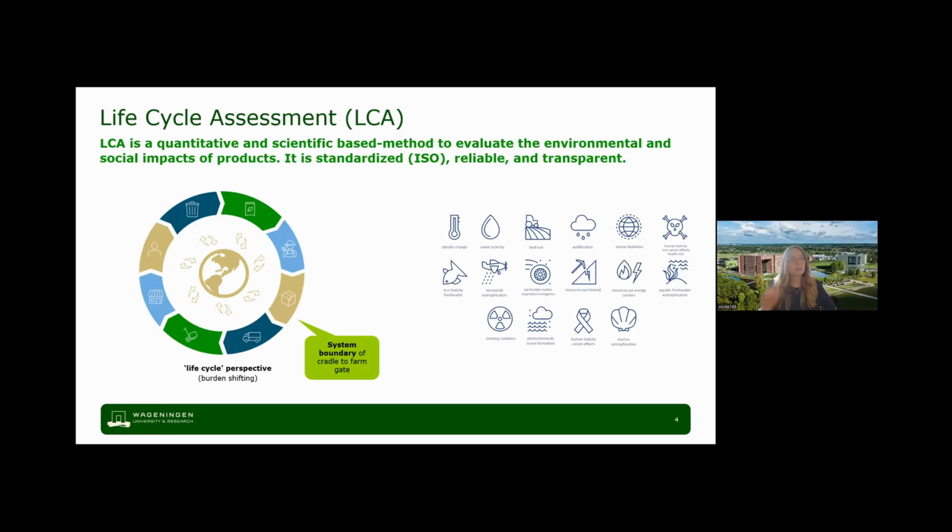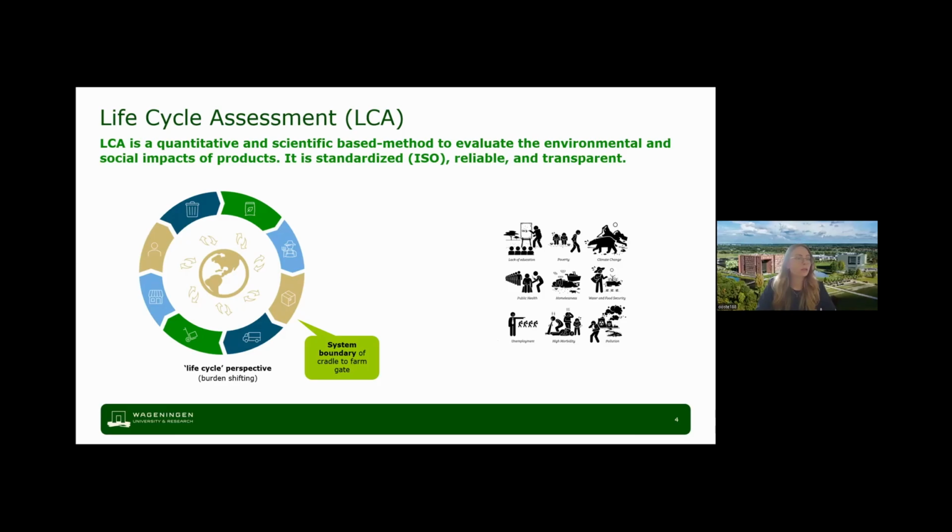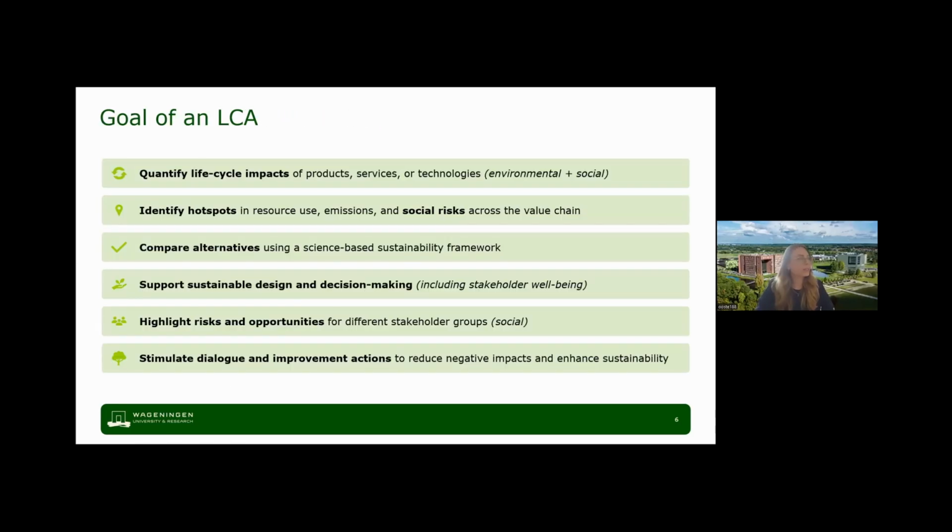And some impacts you might think of for the environmental side are climate change, water use, land use. And for the social side, there are also impacts on the livelihood of communities, on the working conditions of farmers. And that is, in a nutshell, about LCA.